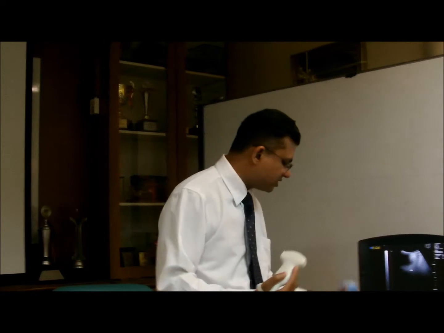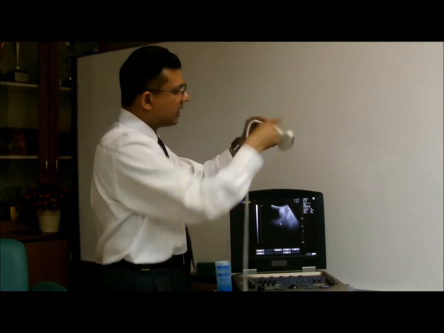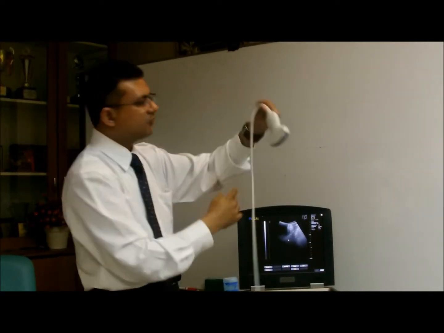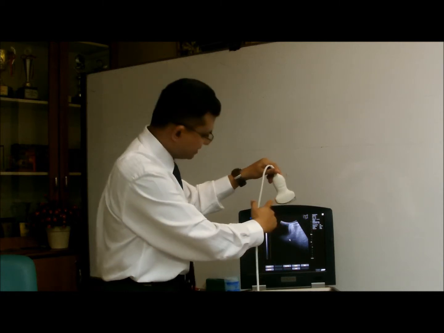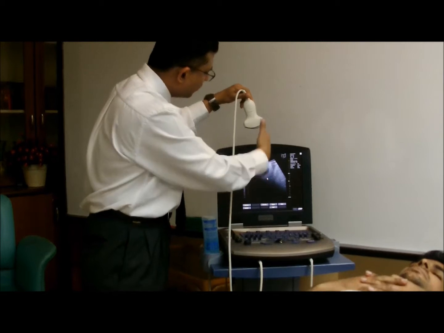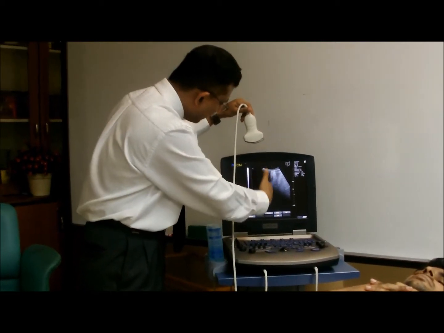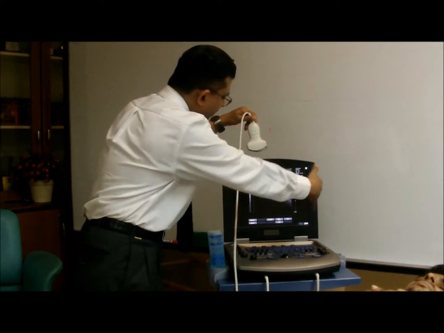For example, if a patient comes in with suspected aortic aneurysm, you have the abdominal probe, whereby the arrow is towards this side. If you divide the probe into A and B, whatever comes here on the A would correlate on this side, and the B side will correlate over there.